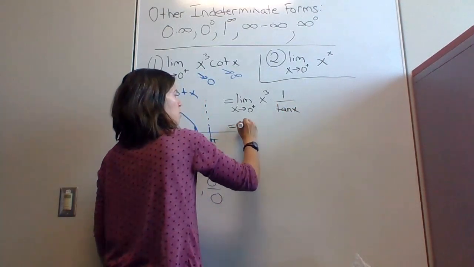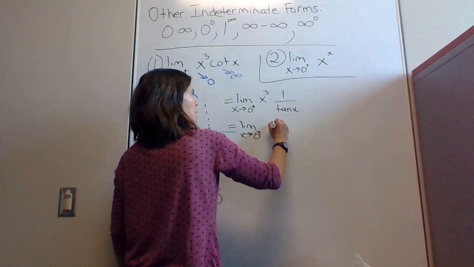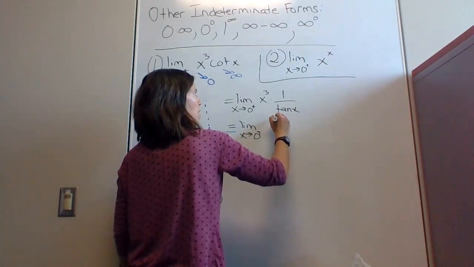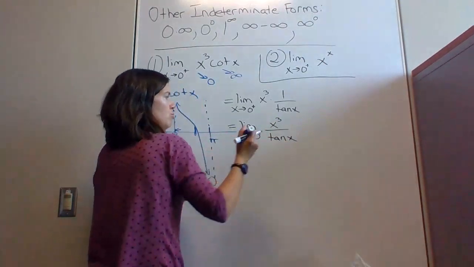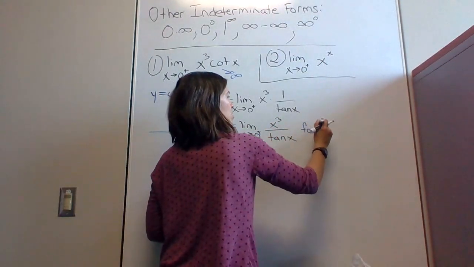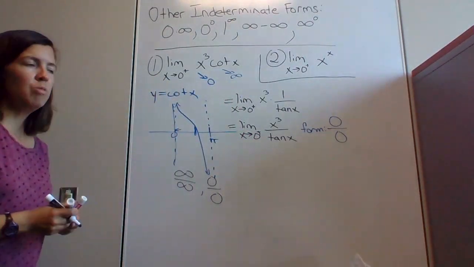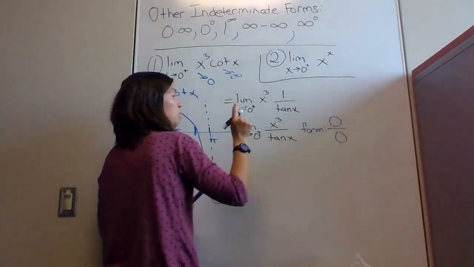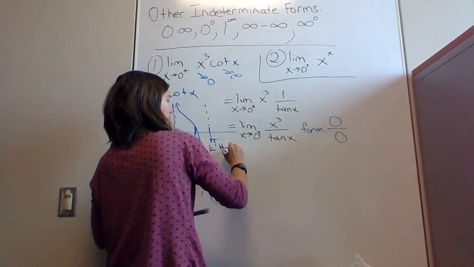Now we can write that as a ratio: the limit as x approaches 0 from the right of x cubed over tangent x. Now if you check the form of that limit, tangent of 0 is 0, so this has the form 0 over 0, which means we can apply L'Hopital's rule.